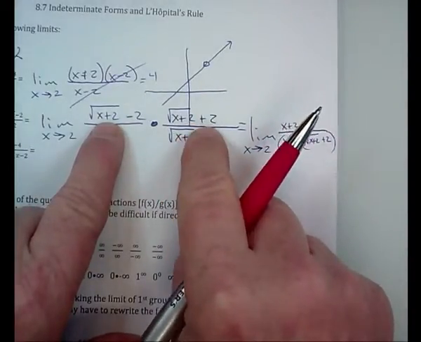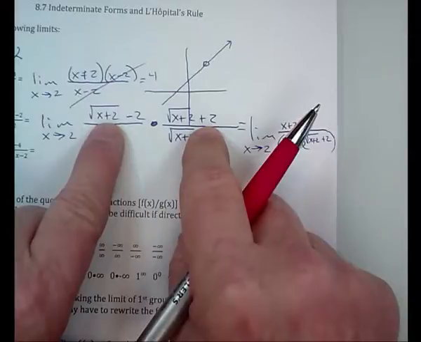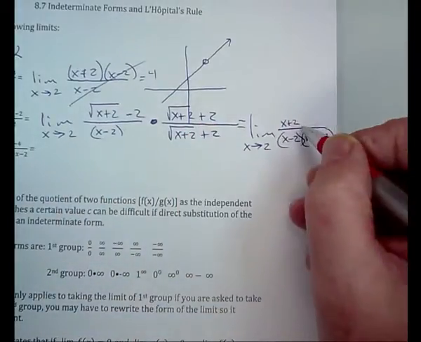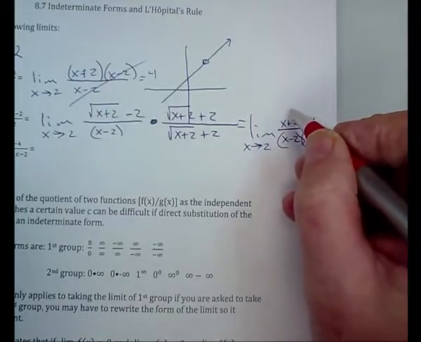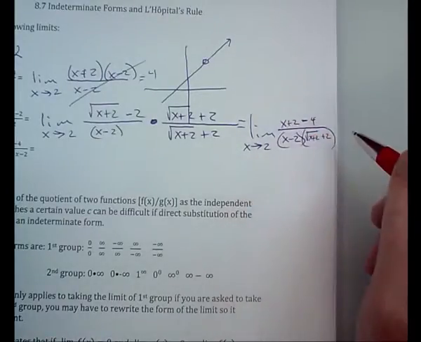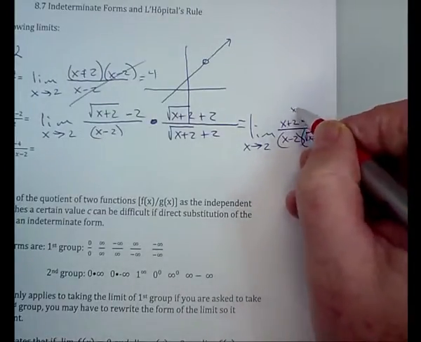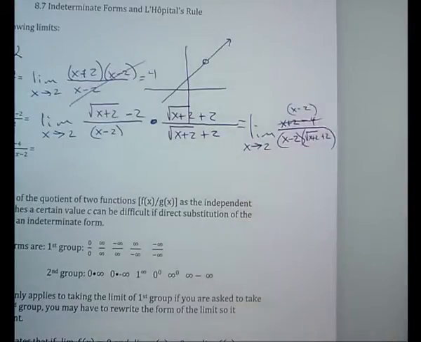Well, these are conjugates, correct? So there's no middle, right? Minus 4. And that x plus 2 minus 4 is the same as x minus 2. Are we happy to see x minus 2? Yeah. Okay. Why? What happens at x minus 2?